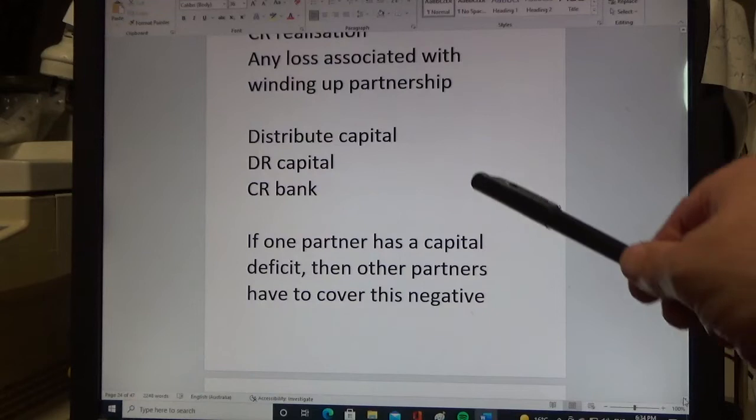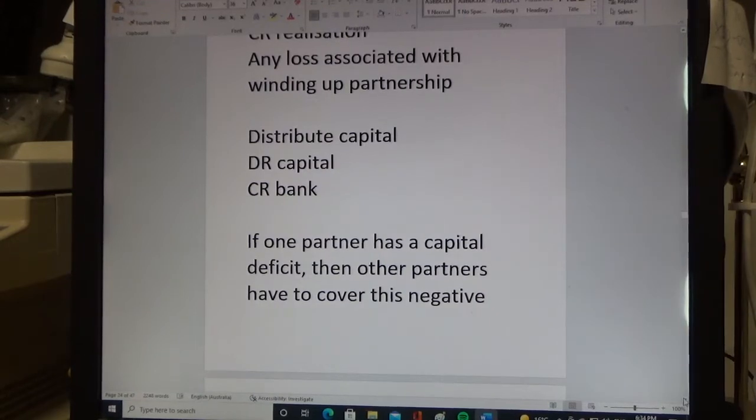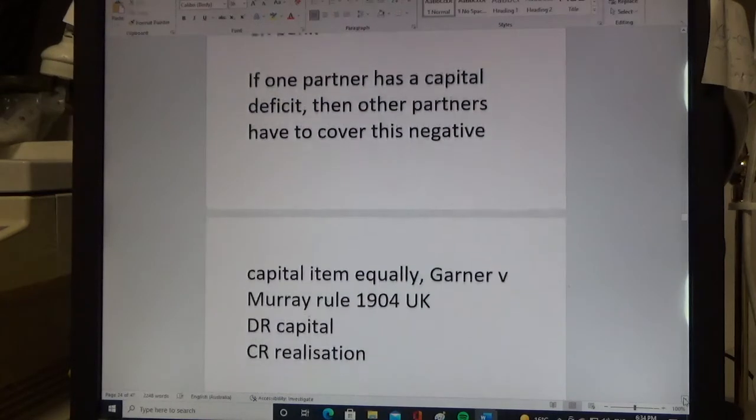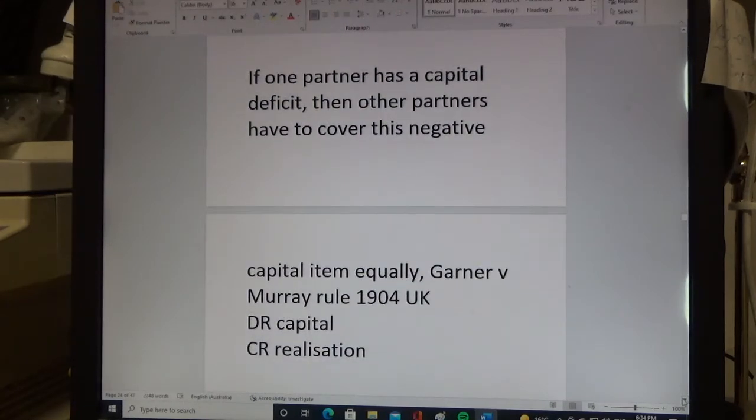Distributing the capital to partners according to the partnership ratio: debit capital, reduce it. Credit bank, outgoing cash to the partners from the partnership, which is just about to be wound up one Saturday morning. Just visualise in some old office with a lot of moths and dust.